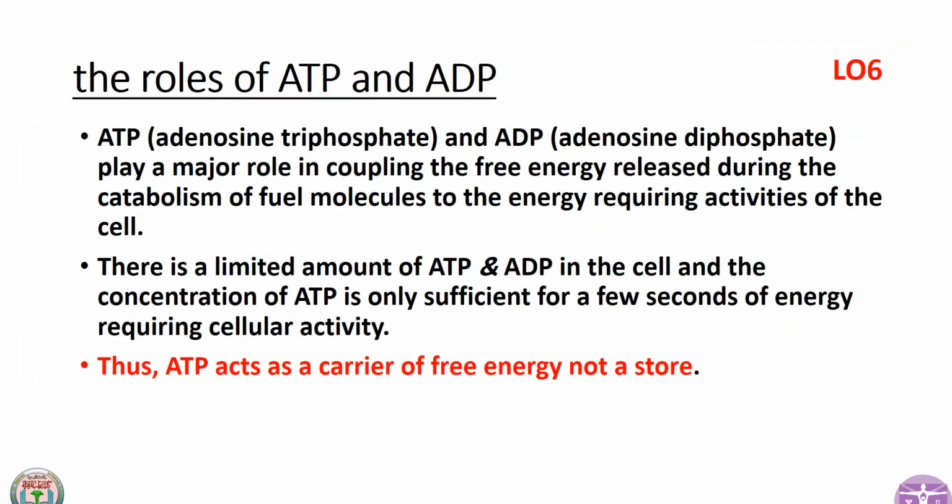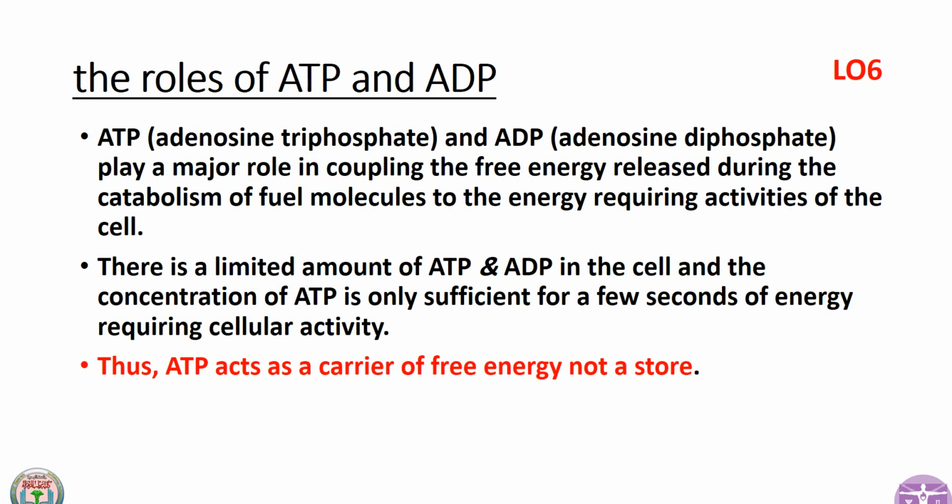The role of ATP and ADP. The ATP, which is adenosine triphosphate, while the ADP is adenosine diphosphate, they play a major role in coupling the free energy released during the catabolism of fuel molecules to the energy requiring activity of the cells.